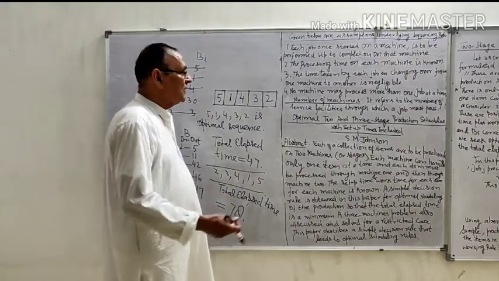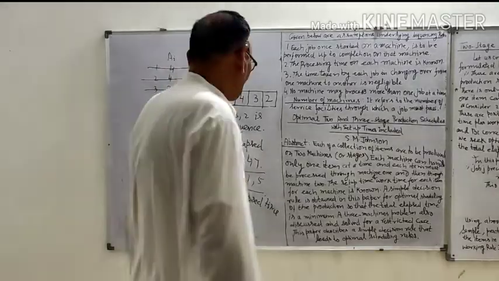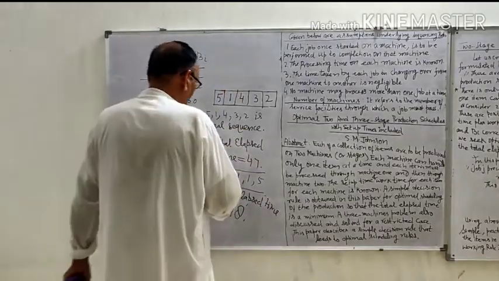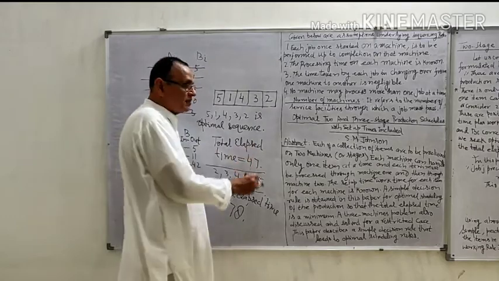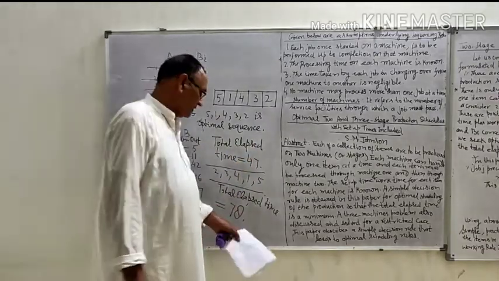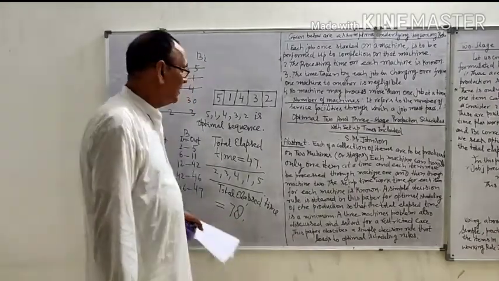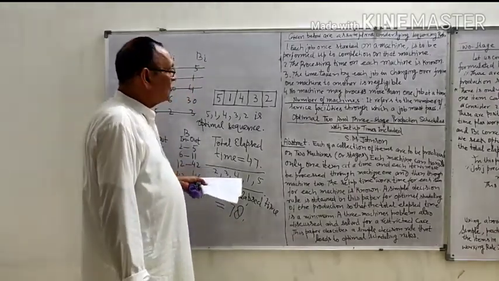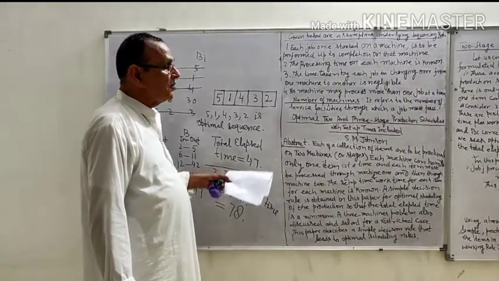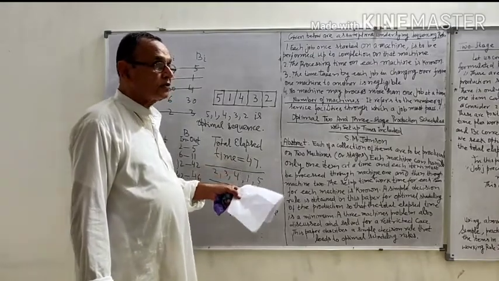If you have to pay the operator working on the machine, then according to this you have to pay the worker or the technician for 47 hours only, but here for 78 hours. So this is the Johnson rule or the Johnson method, which is very, very simple. In his paper he has given the proof also.